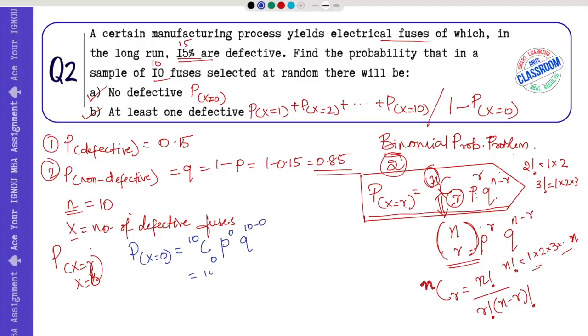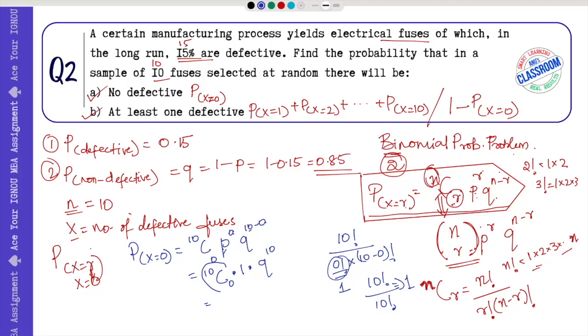That means what? 10C0, p raised to 0 is 1, and q raised to 10 minus 0 is 10 itself. What is 10 factorial divided by 0 factorial into 10 minus 0 factorial? 0 factorial is 1. So 10 factorial divided by 10 factorial is 1.